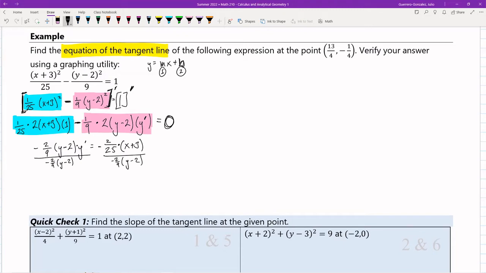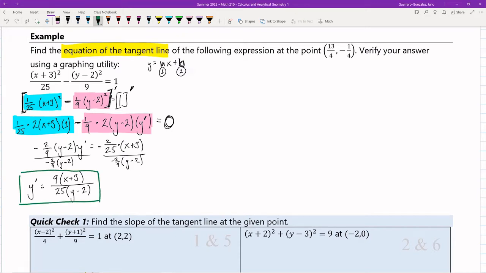We get y prime is equal to, and I'm going to do a bit of reducing here, 9 times (x plus 3) over 25 times (y minus 2). And we have our derivative.